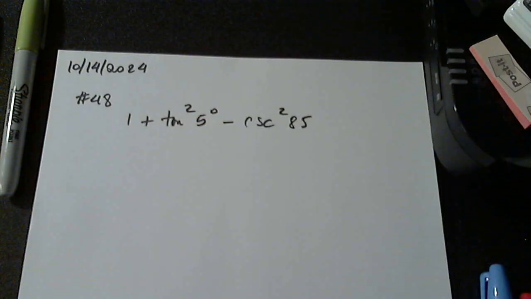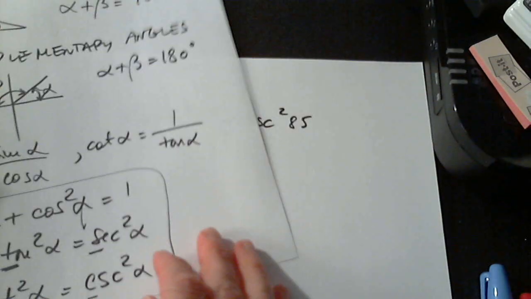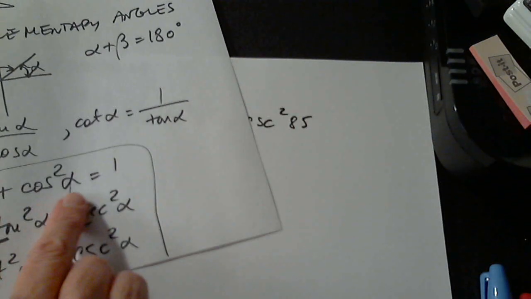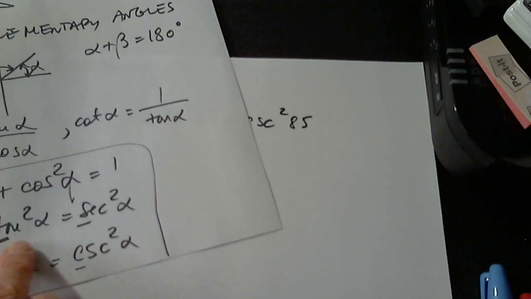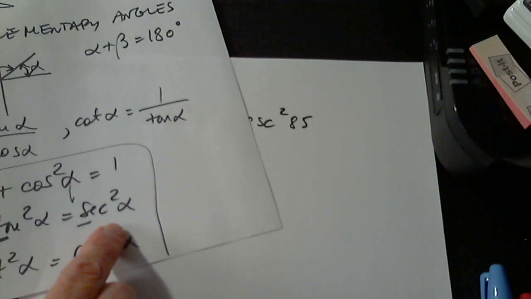And the other, I should not have recycled that just yet, because now I need it. Maybe there is no need to write it again, so let me just use it. Again, we have sine squared plus cosine squared equals 1, and 1 plus tangent squared equals secant squared.